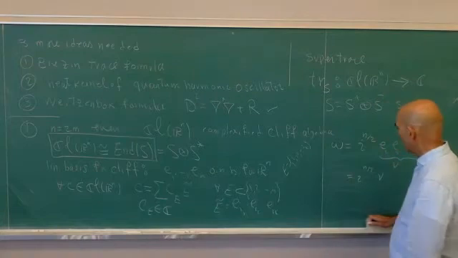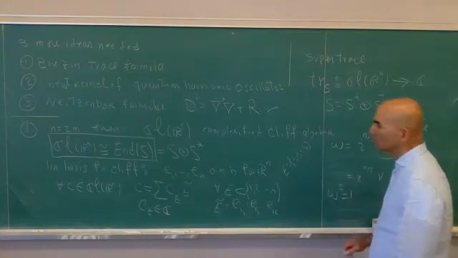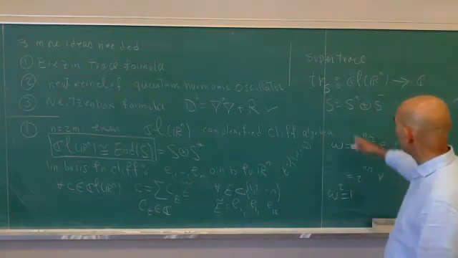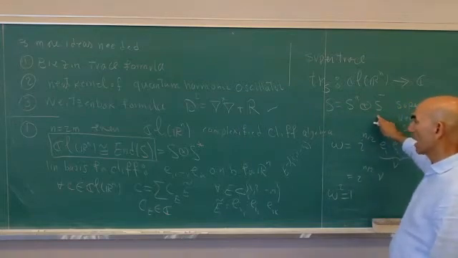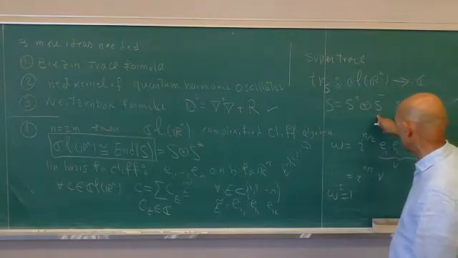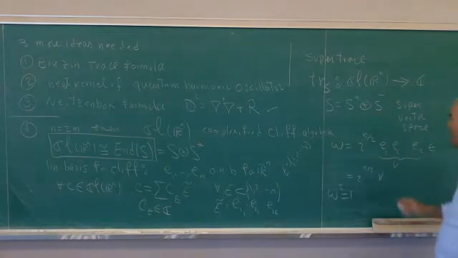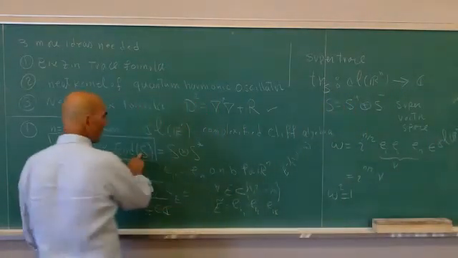What happens is that omega squared is equal to 1, and we use this to decompose S into two pieces. This element belongs to the Clifford algebra Cl(R^n), so it's acting on this vector space.